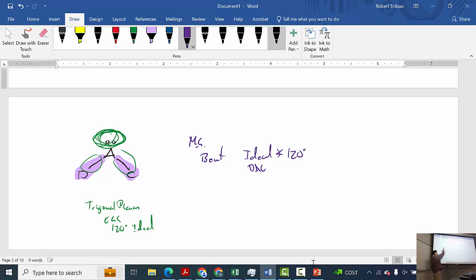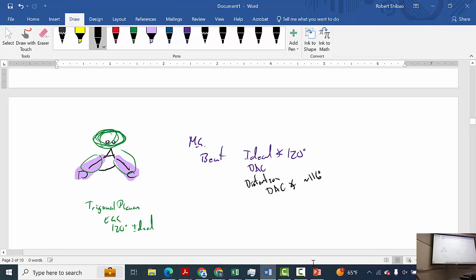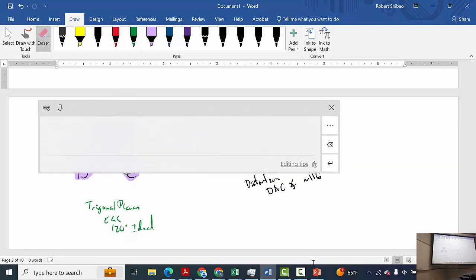Yeah, it's 2 degrees here, 2 degrees here, 4 degrees here. There's only one angle here, and that's the DAC angle. This is just a guesstimate. Guesstimating about 116 degrees.